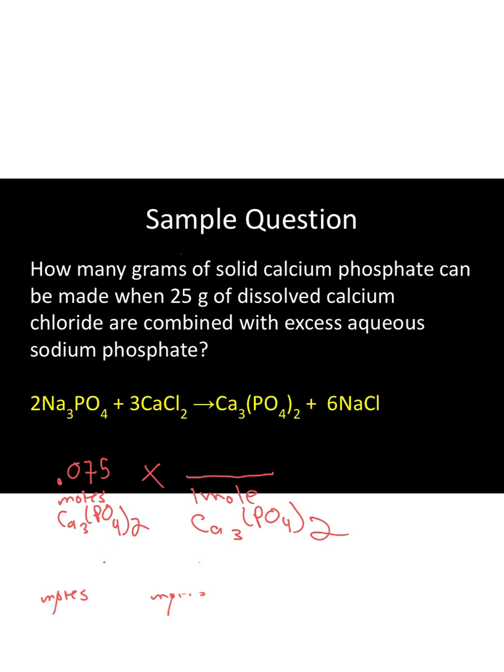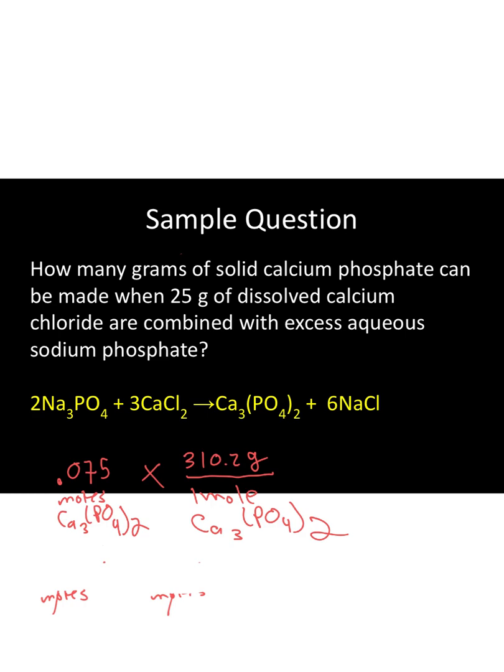Okay, the molar mass of calcium phosphate is 310.2, is what I've got here. That's the grams. So 0.075 times 310.2 divided by 1.